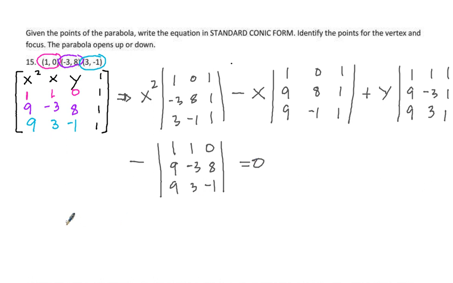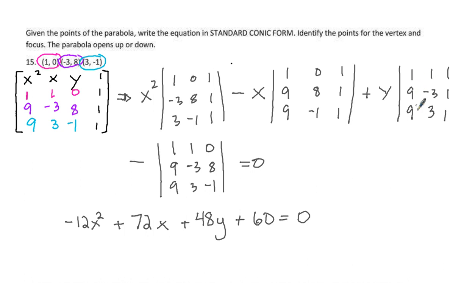So this gives us -12x squared plus 72x minus 48y plus 60 equals 0, plus 48.